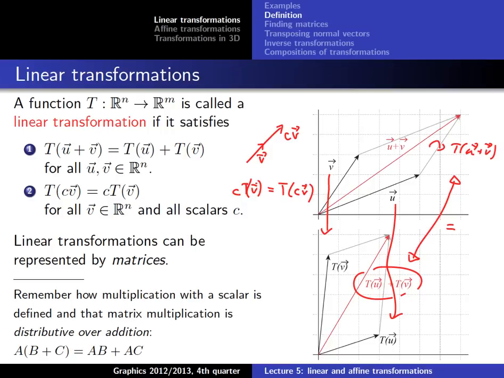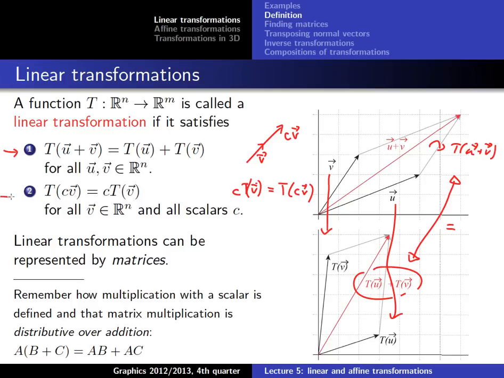If you remember some of the characteristics that we discussed last week, one of them was that matrix multiplication is distributive over addition, which means if we have the sum of two matrices and then multiply it with another matrix, it's the same as if we do it individually and then do the sum of it, which is exactly our first condition.